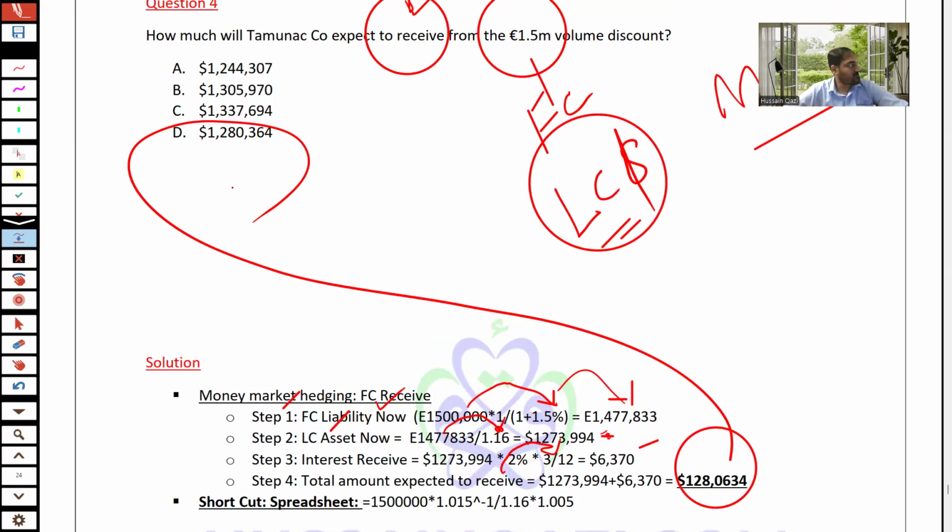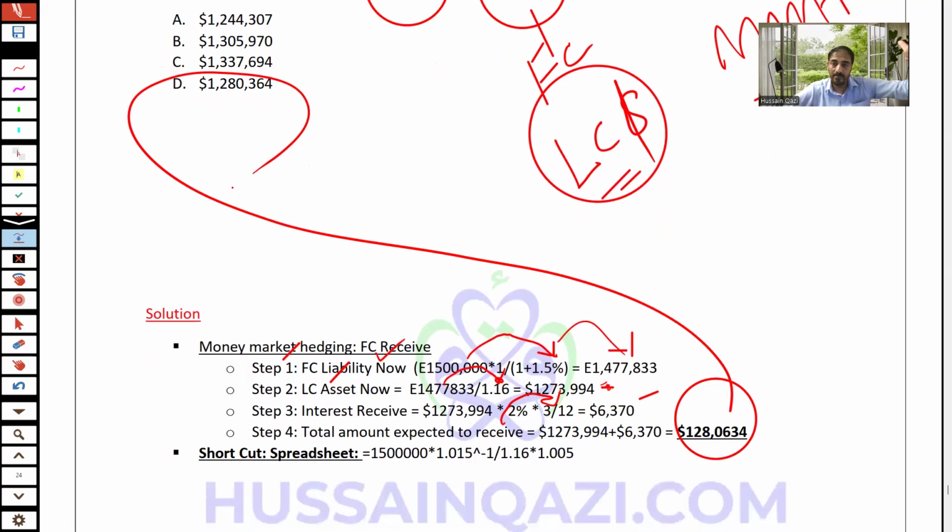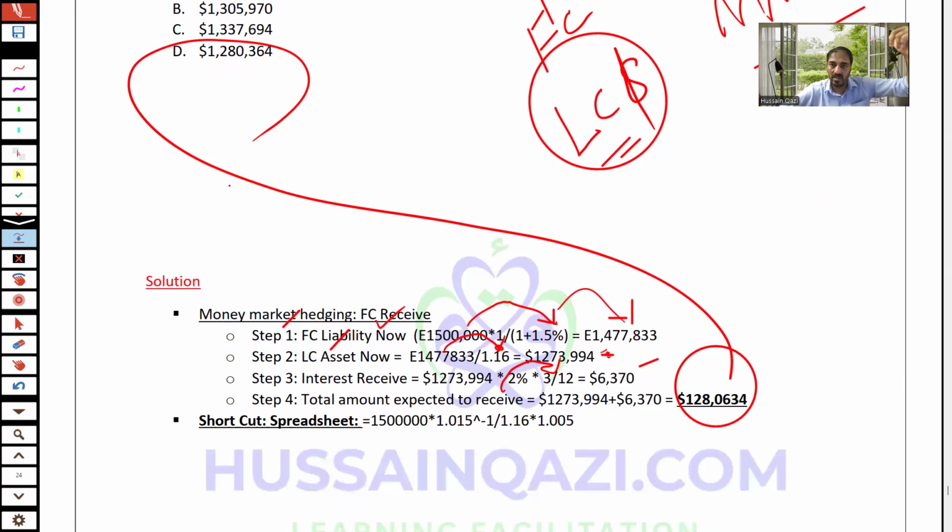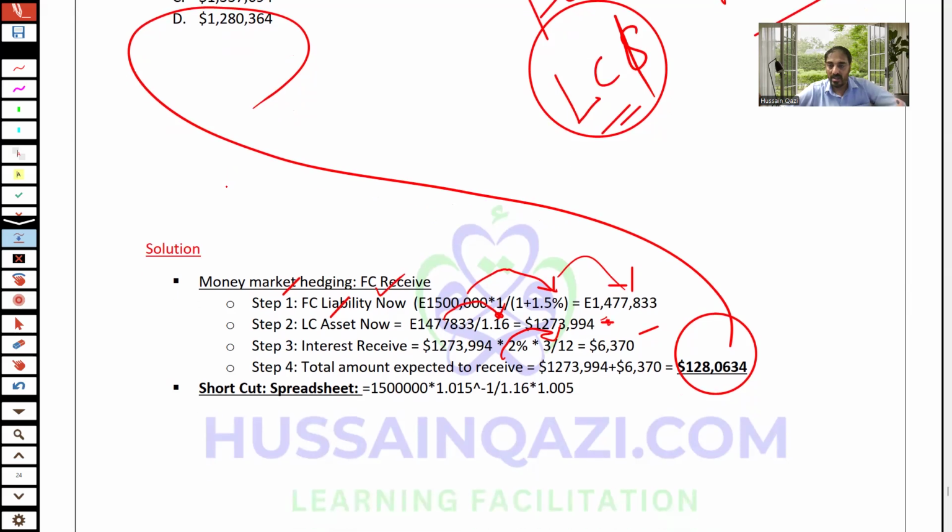Whenever you are attempting a section B or section A type question, it's not possible for you to refer to the spreadsheet, no? But if at any time you face some question with a spreadsheet, for any reason, you can apply the shortcut. This is the shortcut. You will be able to get the direct answer.